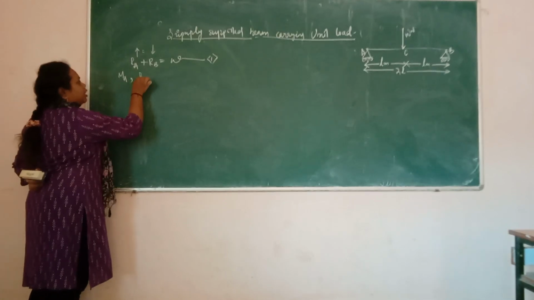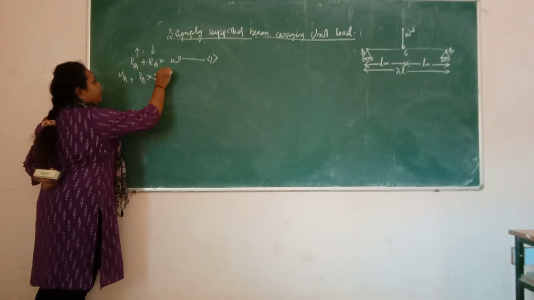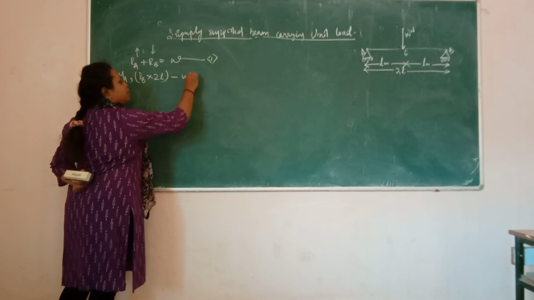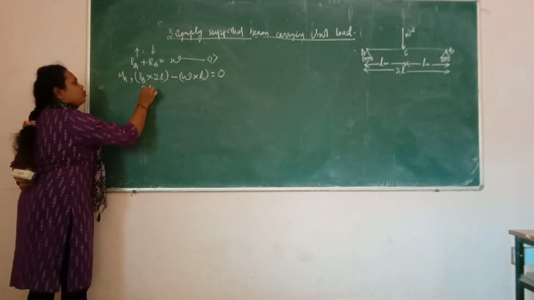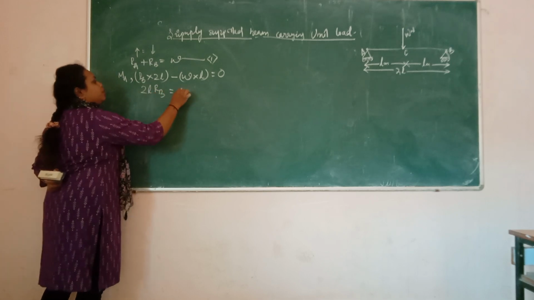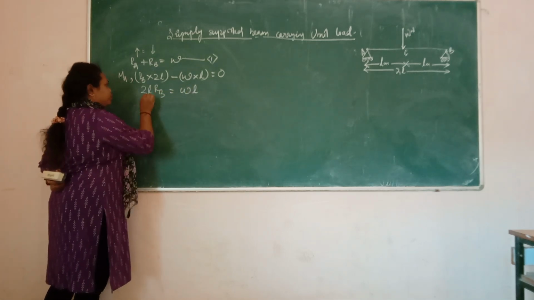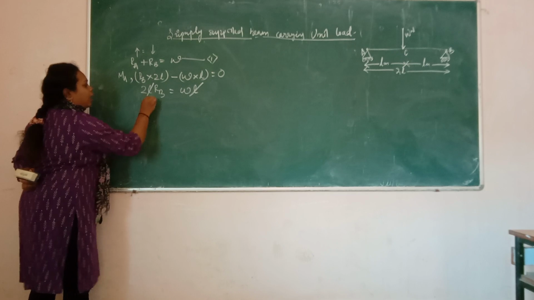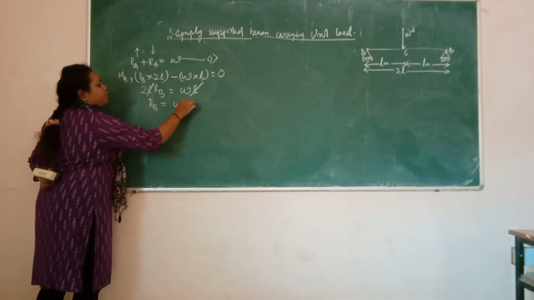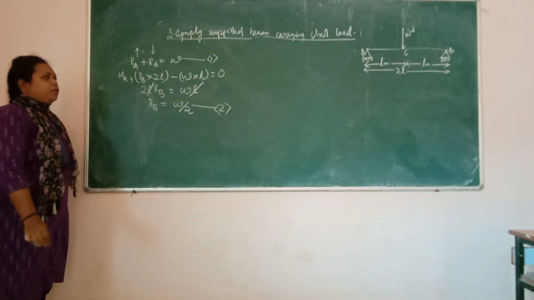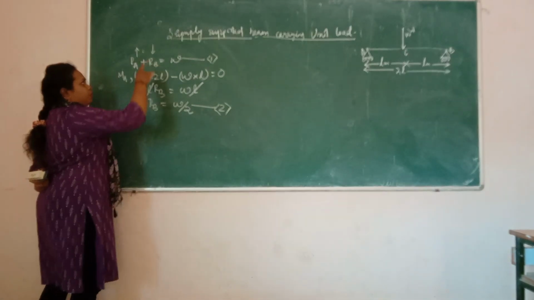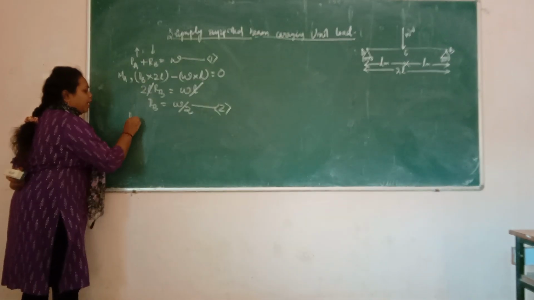So RB into 2L minus W into L equals 0, or 2L into RB is equal to W into L. So L cancels, RB is equal to W by 2. Let this be equation number 2. By putting the value of RB in equation number 1, we get the value of RA.